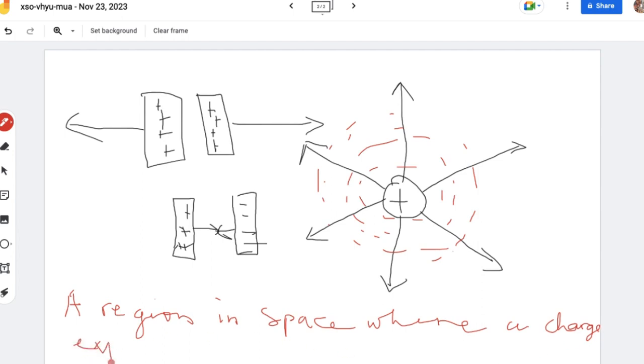So that region is called the electric field. Is that okay? That region is called the electric field.